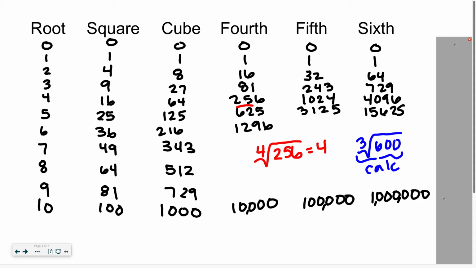What if I do the cube root of negative 8? Can you think of a number that multiplies by itself 3 times to give you negative 8? Negative 2. Okay? Negative 2 times negative 2 is positive 4, times negative 2 is negative 8. So the cube root of negative 8 is negative 2.